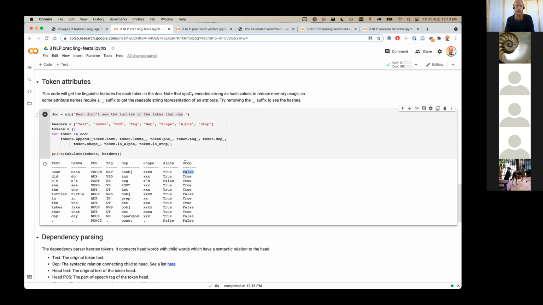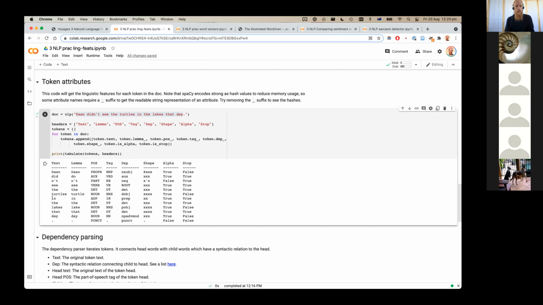And we have this stop column. Now the stop column's quite interesting because it is a representation of how significant the words are in terms of their meaning. So depending on the NLP process that we'll use, if the token is a stop word, then it can be excluded from the processing if it's considered not significant.